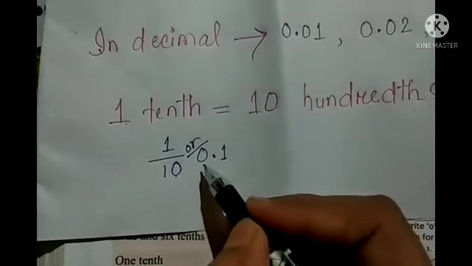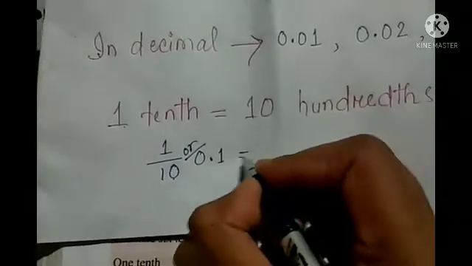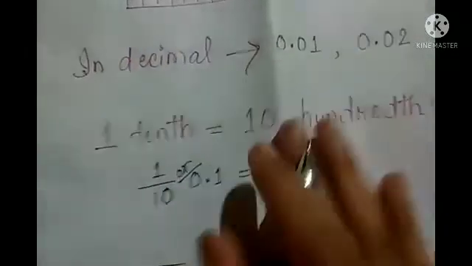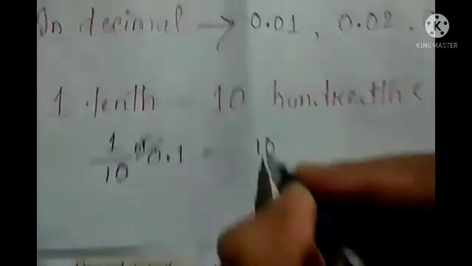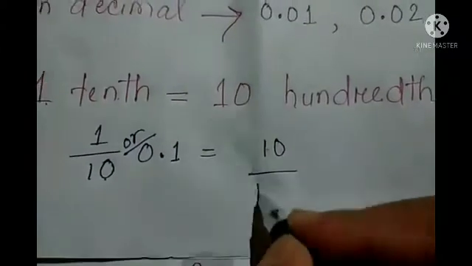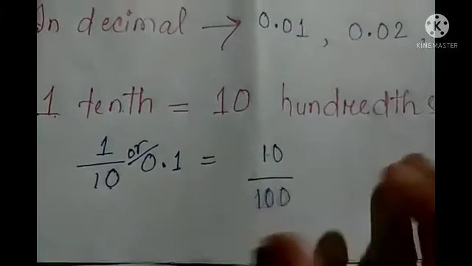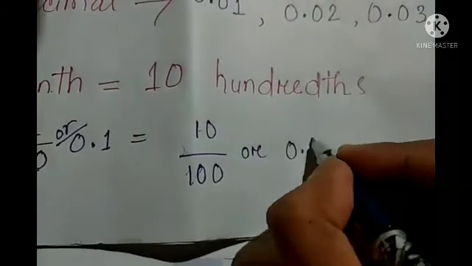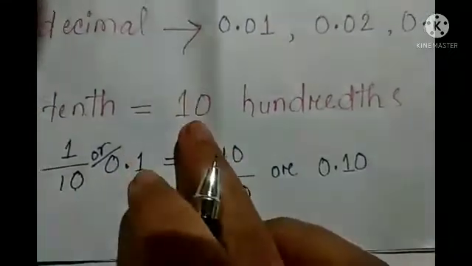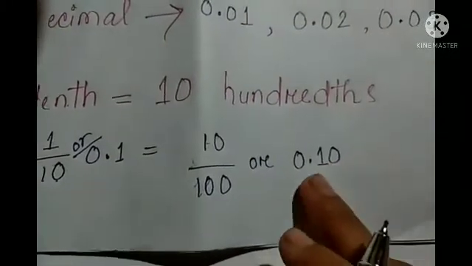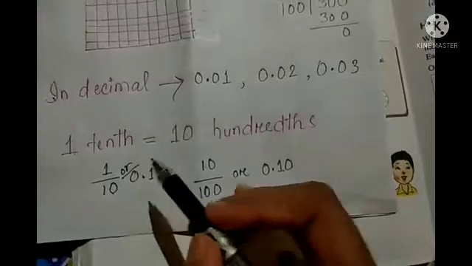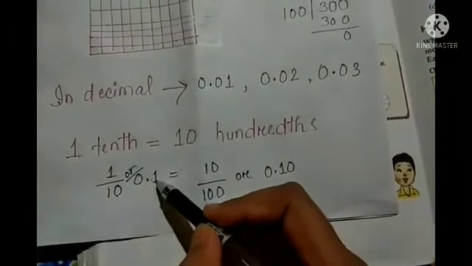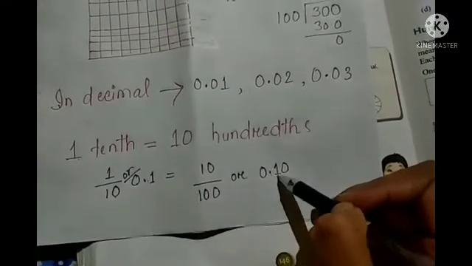Now let's write 10 hundredths. 10 hundredths means 10 by 100, right? Or we can write it as 0.10. So ultimately you see 0.1, and here also it's 0.1.